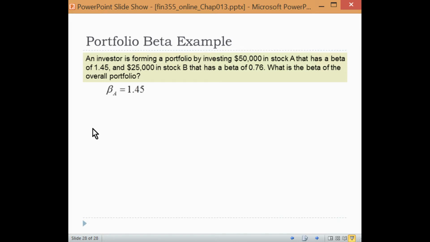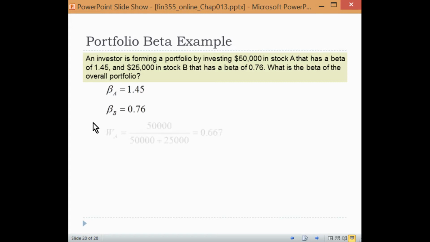Well, first thing to notice is that we have the betas, 1.45 for stock A, 0.76 for stock B. Those are the individual stock betas. To get the answer, you have to calculate a weighted average. The beta of a portfolio is just the weighted average of the betas of the stocks held inside the portfolio.